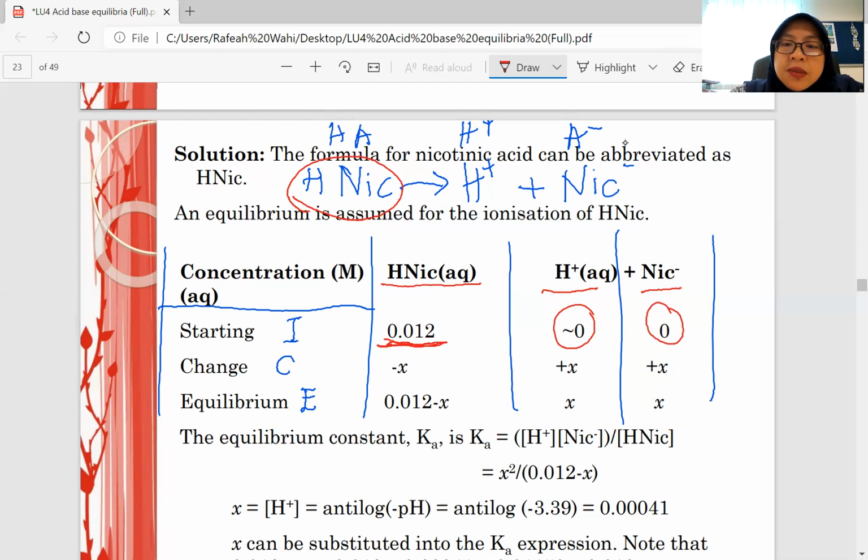So you label 0 in the second column and 0 in the third column, for the conjugate base.